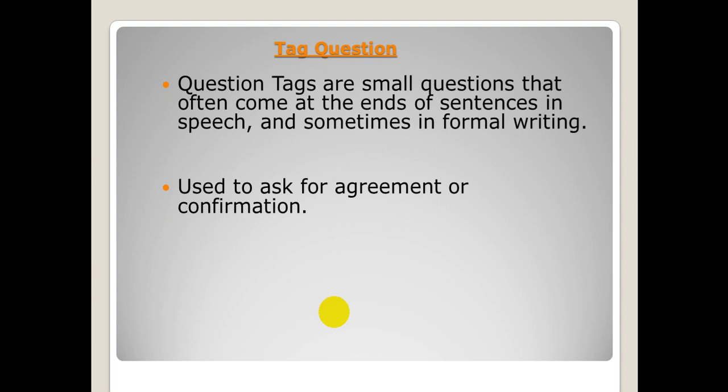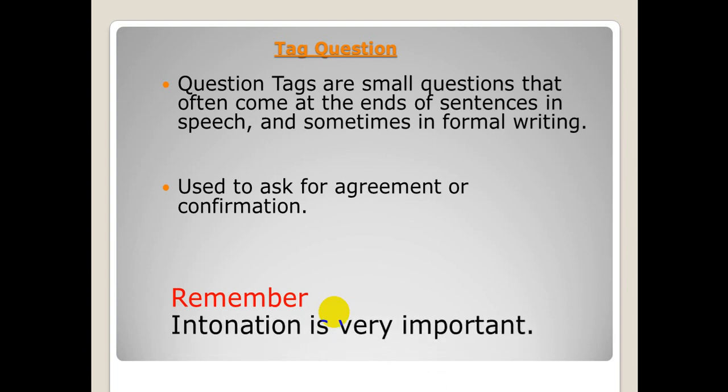And one important point is intonation, though we are not going to talk over this topic. Intonation is very important in tag questions, because we know that tag questions are speech oriented items which play an important role in conveying any message while speaking.